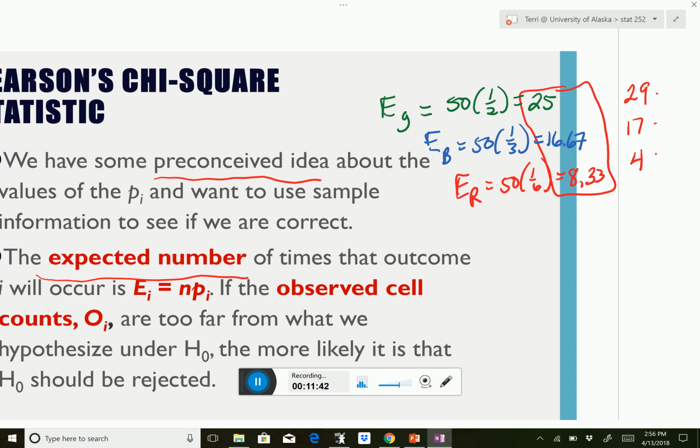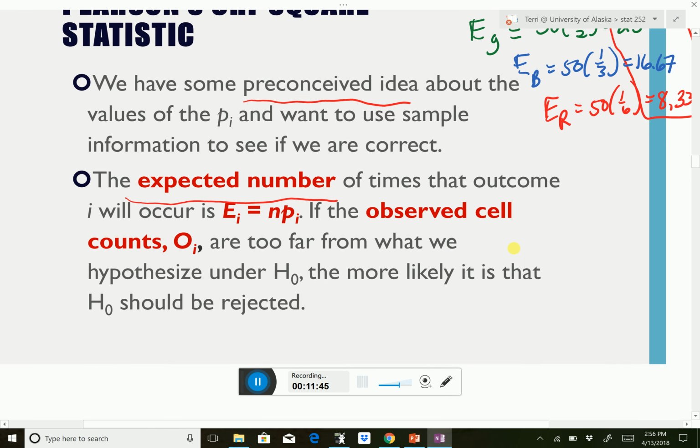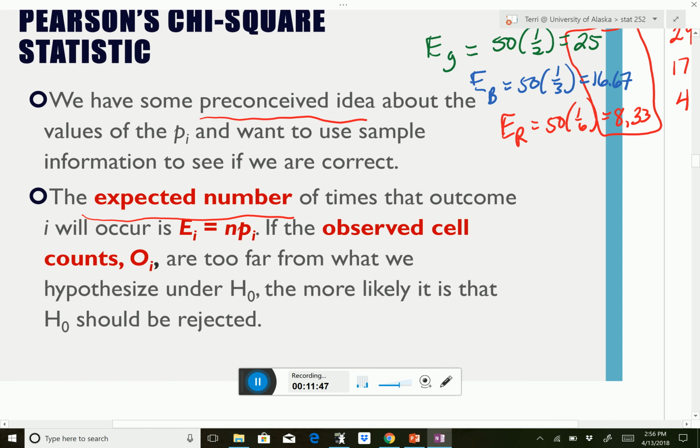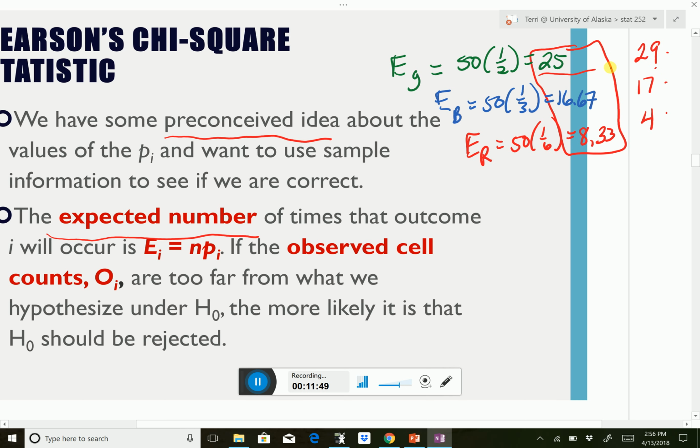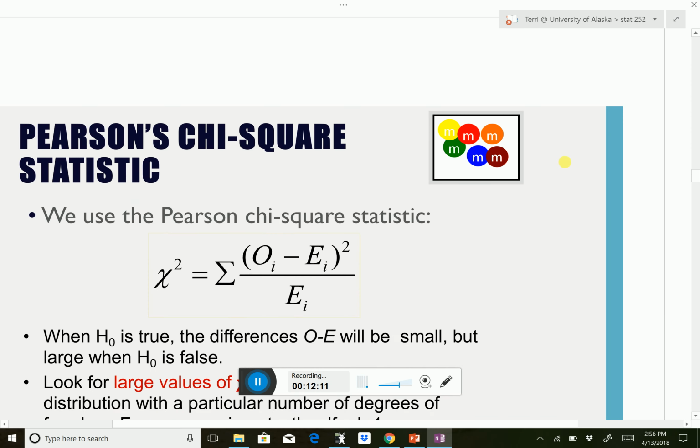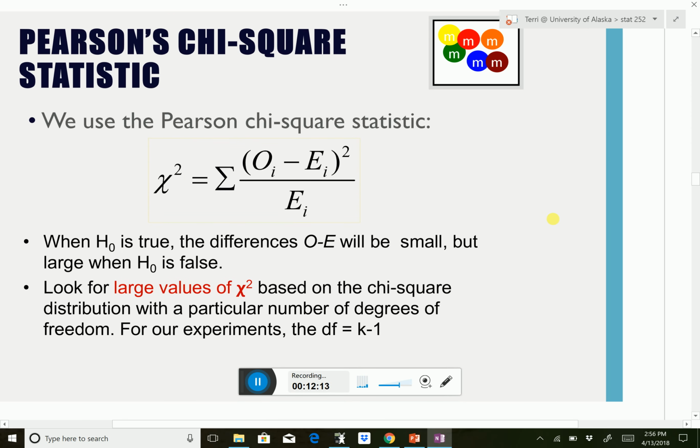And that's when we do our hypothesis test. So if these are too far away from these, we're going to reject the null hypothesis and say, I don't think these probabilities are correct. But if these are close enough to these numbers to be just by chance, we'll say, okay, they could be right, and we won't worry about it. It looks right. I mean, that's all we can say, right?